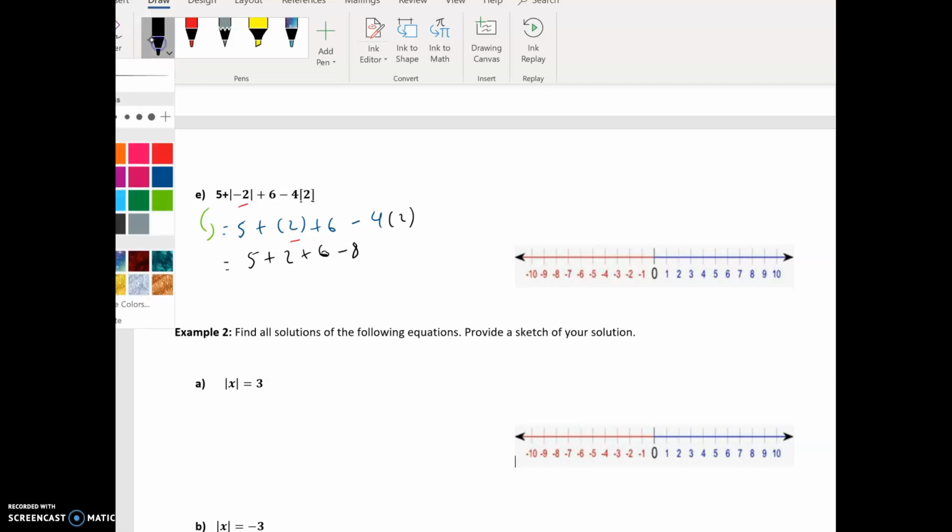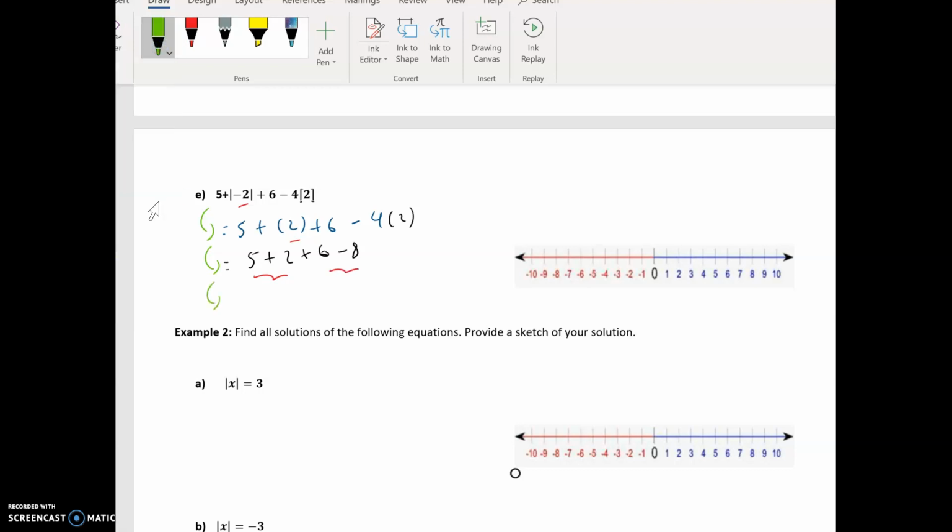At this point, you can add them in any order. So let me just add the first 2 and the last 2. So this is equal to the value of 7. 6 minus 8 is equal to -2. So plus -2, or our value of 5.